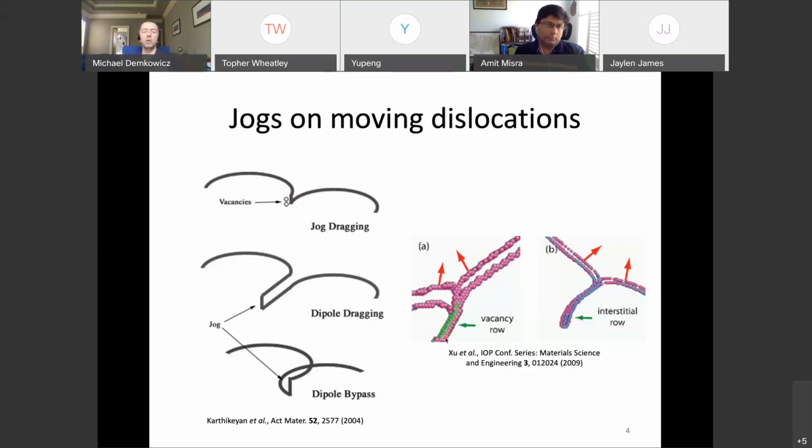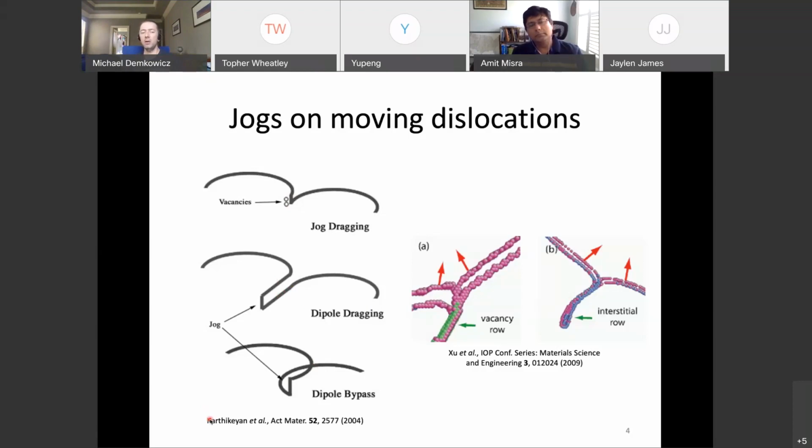Another option, if it's too difficult for a jog to get dragged along, is that this jog may actually start acting as a little pinning site, which would allow for dislocation multiplication. These two bowing segments might actually bypass each other as they get longer, and then you basically get these segments growing out as loops, as if being emitted from a Frank-Read source.